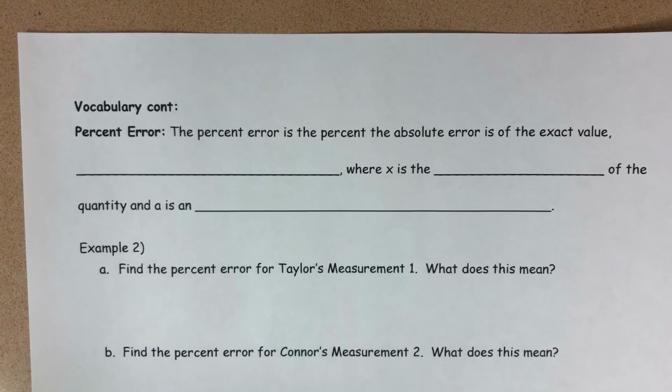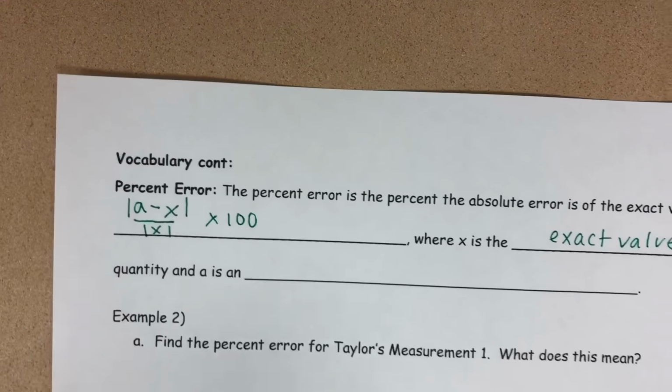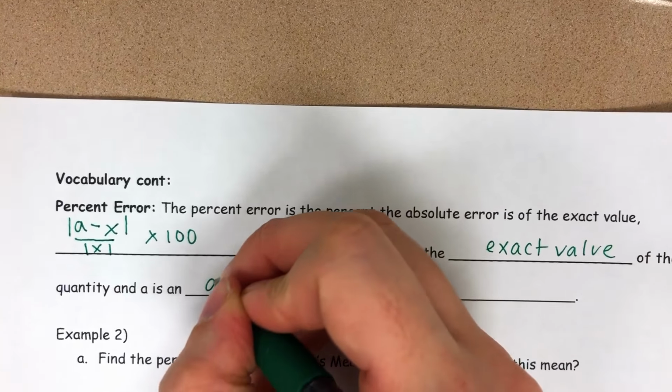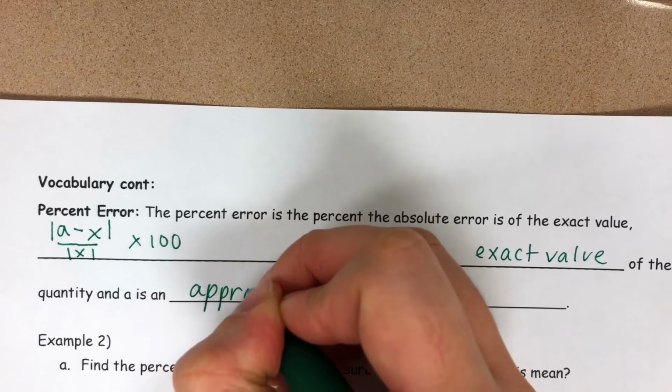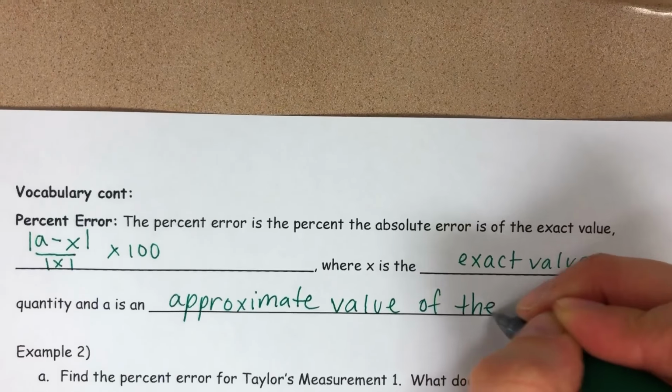Multiplying by the 100 is what will make it the percent. Where x is the exact value of the quantity and A is an approximate value of the quantity.